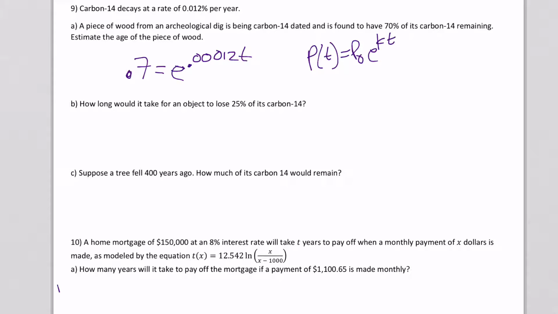So for t, we'll get the natural log of 0.7 divided by, that should probably be negative since it's decaying. So natural log of 0.7 over negative 0.00012 should give me t, and you can put that in your calculator.